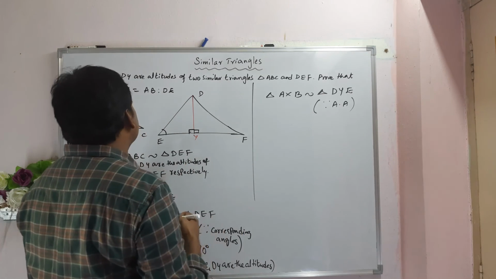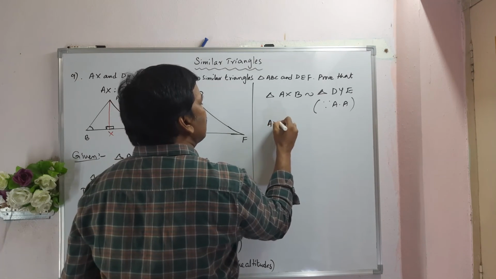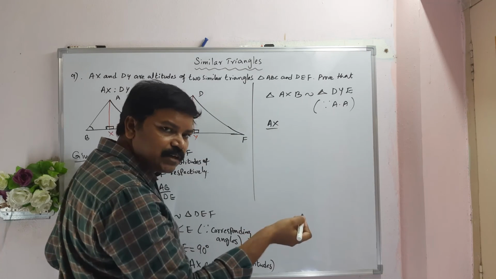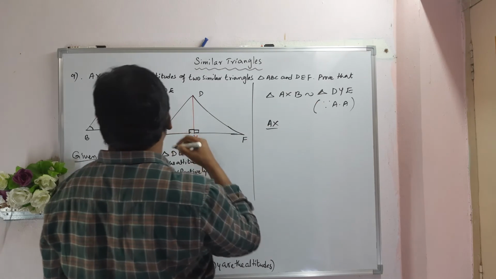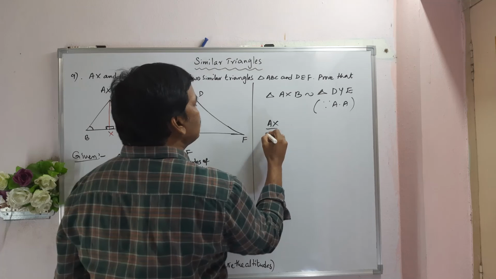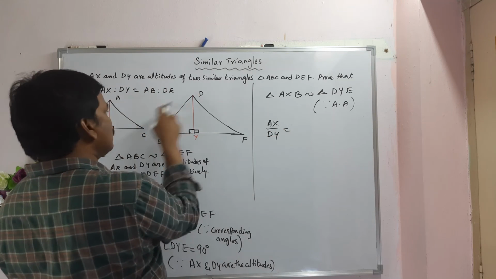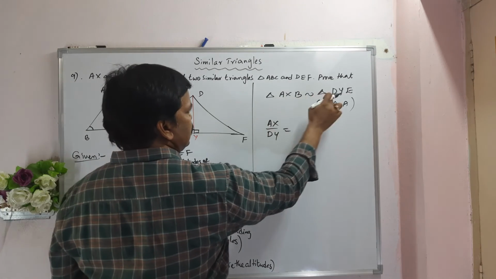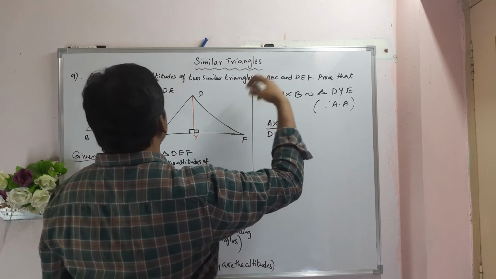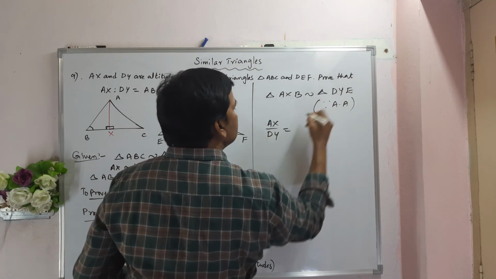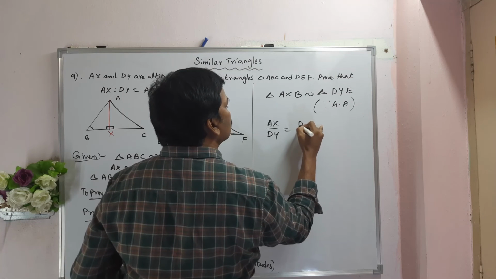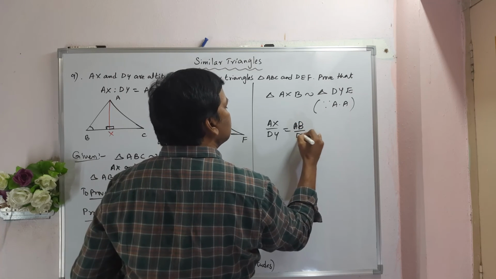Whenever two triangles are similar, corresponding sides are proportional. AX by DY is equal to AB by DE.